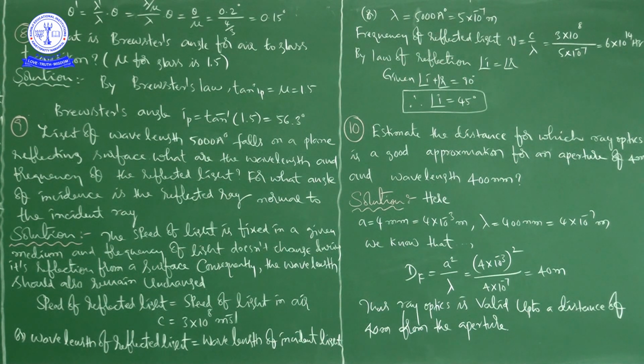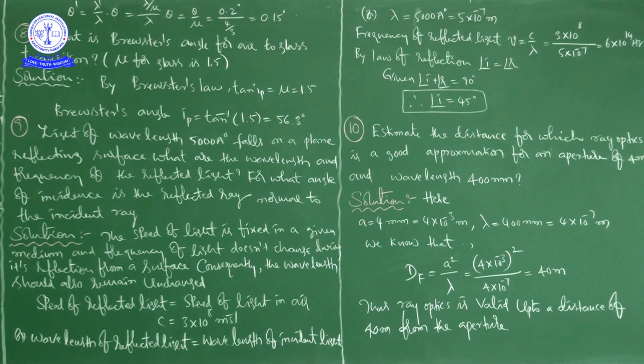You should not see this like just a problem. You have to keep in mind that we are calculating the validity of ray optics with this aperture and with this incident light wavelength. We have to find the distance. It is 40 meters.